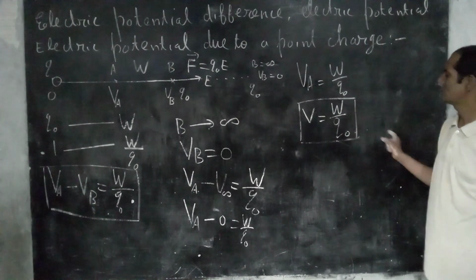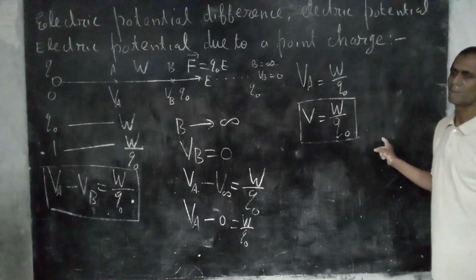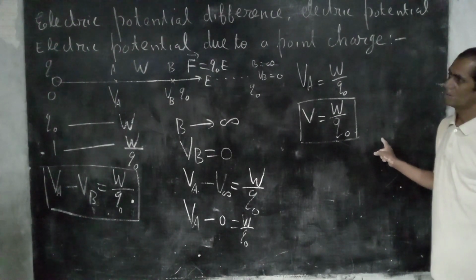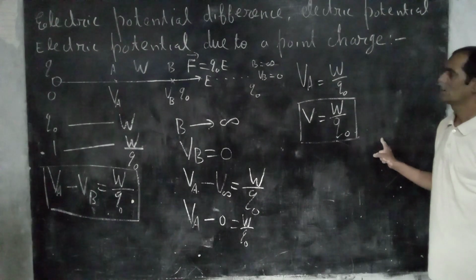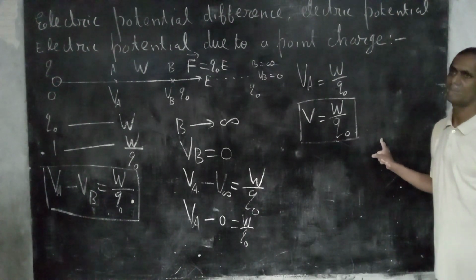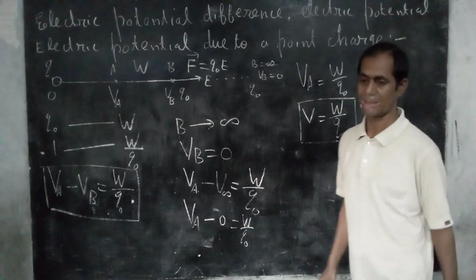So this is the ratio of the amount of work required to bring a positive charge from infinite to a certain point to the amount of charge brought from infinite. Okay, so this is your definition of electric potential.